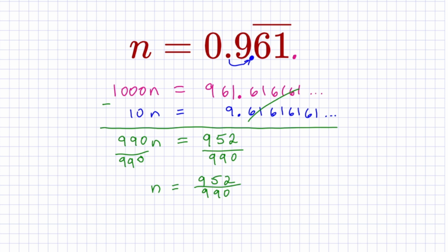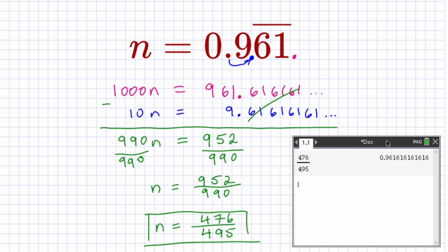So we can reduce this to be 476 over 495. If you type this fraction into a calculator, you will see that the decimal equivalent is 0.961611616.